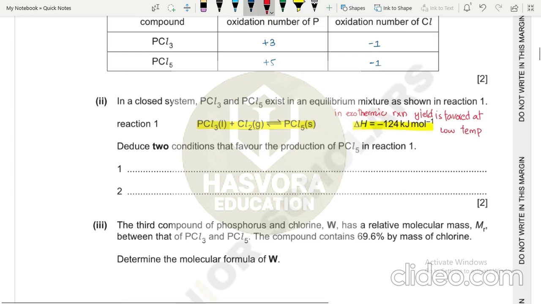This is the basic thing we have learned for exothermic reactions. Give two conditions that favor the production of PCl5. So we have to give two factors that will increase the yield of this PCl5.